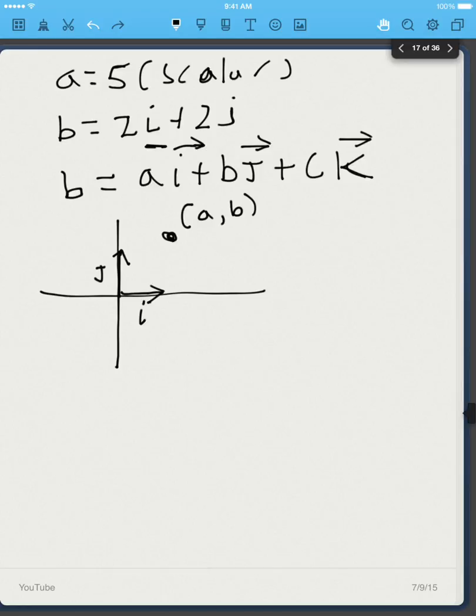We're trying to make a vector out here, so you basically magnify i and j by what's required, which geometrically would be ai plus bj. If you take ai and add it to bj, you get this point in space, (a, b).